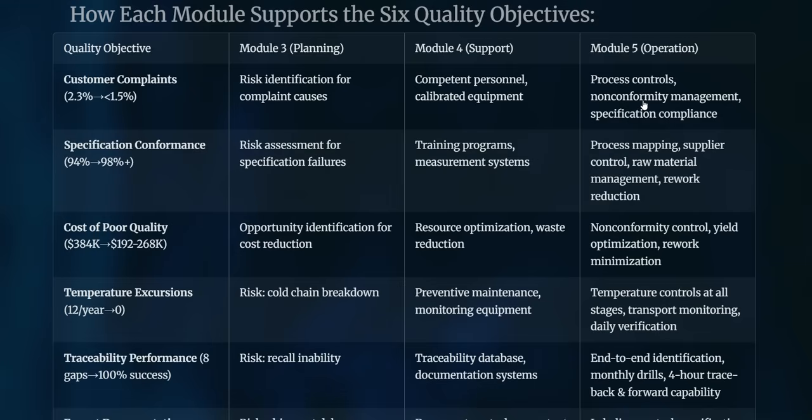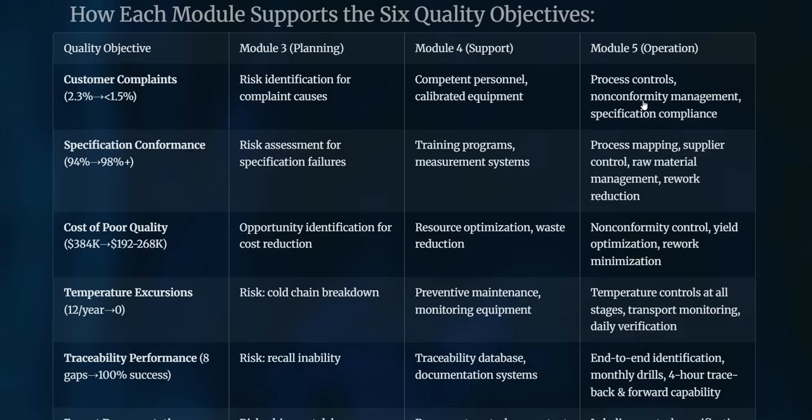Through Module 3, planning, risk identification for complaint issues, complaint causes and root causes have been identified. In Module 4, support, competent personnel and calibrated equipment have been provided. Today in Module 5, operations, procedure control, nonconformity management, and specifications compliance are going to be implemented.